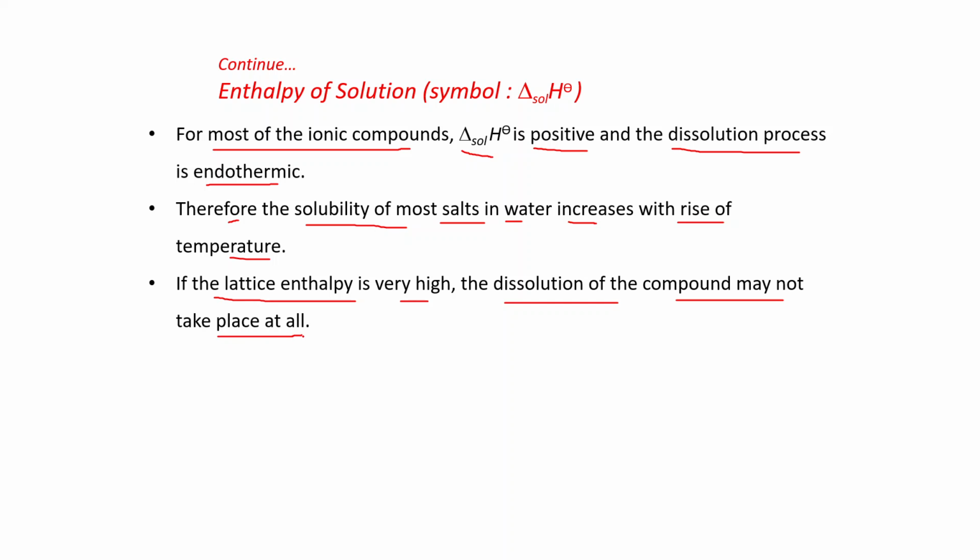Clear? Dear student, at this place we must be able to find out whether a given ionic compound is soluble in water or not. The solubility of an ionic compound depends on the relative values of lattice enthalpy and hydration enthalpy. If lattice enthalpy is more, it will not be soluble. If hydration enthalpy is more, it is soluble. Is it clear?